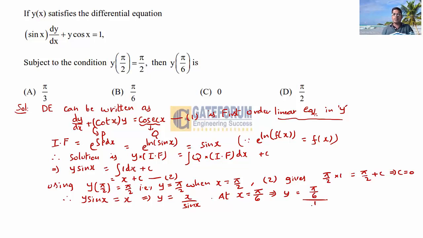Sin 30 degrees is 1 by 2, so this simplifies to pi/3. This is the value of y of pi/6. So the answer is pi/3. Accordingly, option A. This is the end of the question.